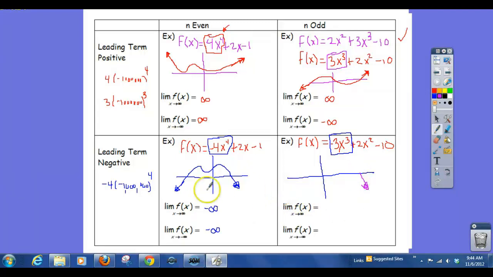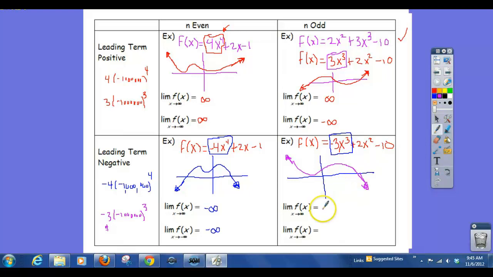On the other hand, if you plug in negative a million, then you get negative 3 times negative a million cubed. That's a negative number, because it's a negative times a negative times a negative. So it's a negative times a negative, which is positive. So it's a really big positive number. So as x goes to infinity, the y values are going towards positive infinity. And so odd degree functions whose leading coefficient is negative tend to look like this.